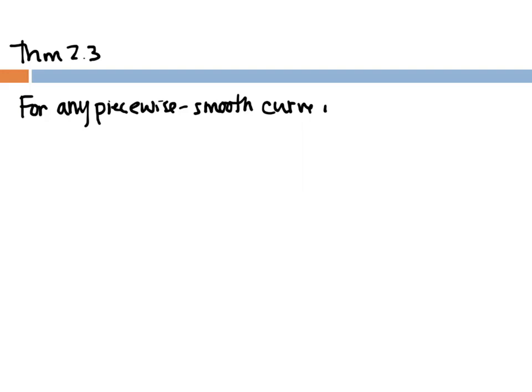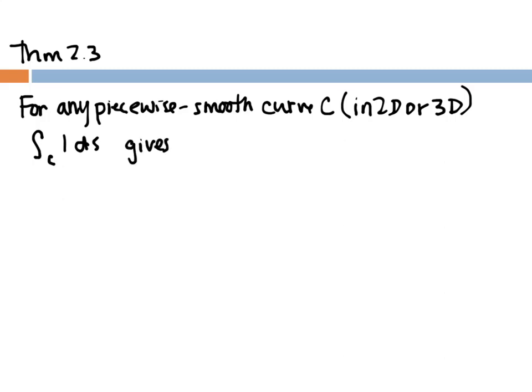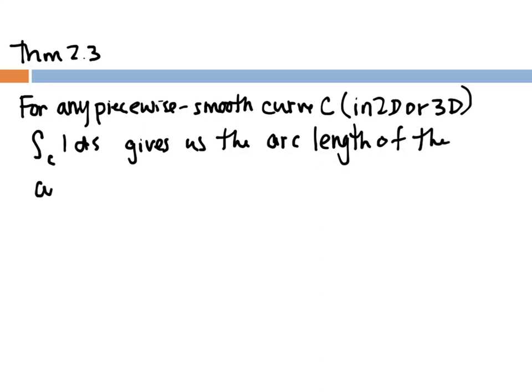For any piecewise smooth curve, C, in 2 dimensions or 3 dimensions, the integral of the curve over the value 1 ds gives us the arc length of the curve C. Which makes sense, right? We're taking the integral with respect to s, so that's what we would be getting.